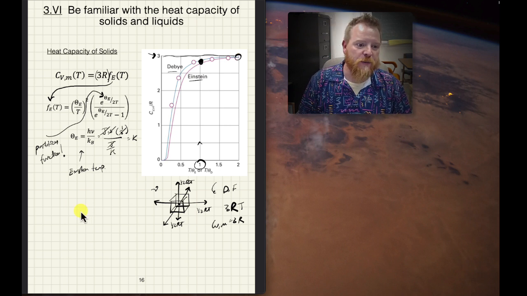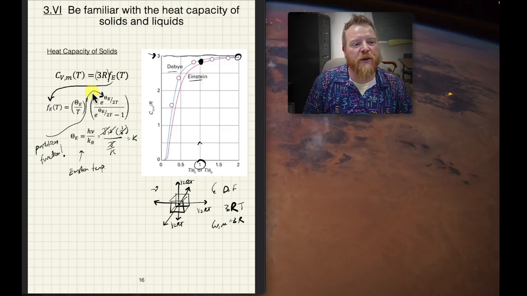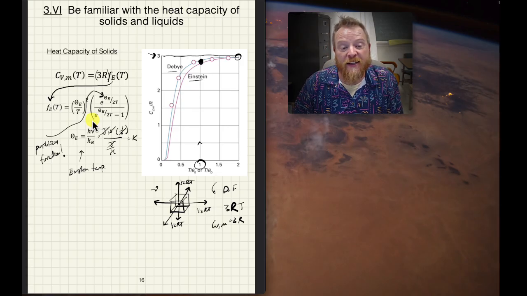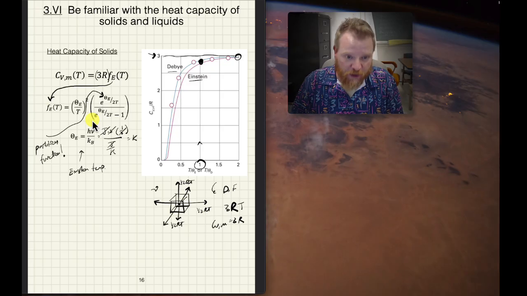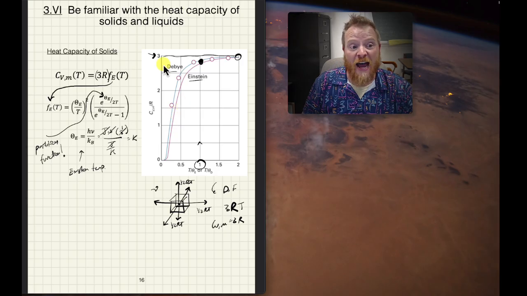Okay, so there's some pretty cool stat mech going on here with the solid. I don't want you to concern yourselves too much about this equation other than recognizing it's rooted in statistical mechanics, so it's a partition function. And as we go to a high enough temperature, our solid will eventually approach this idealized value of 3R.